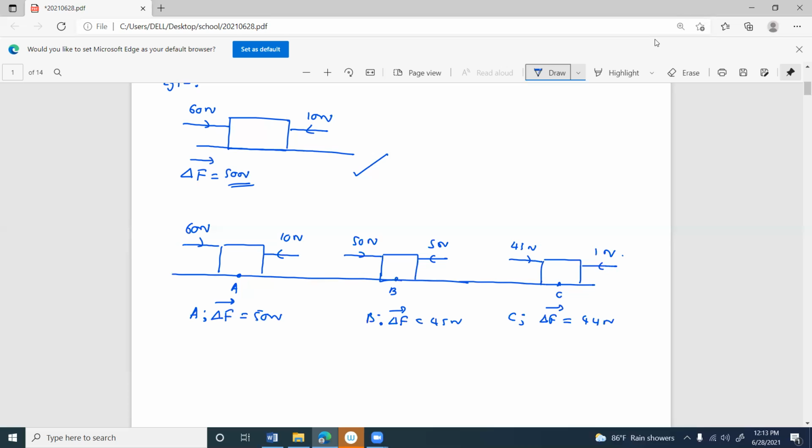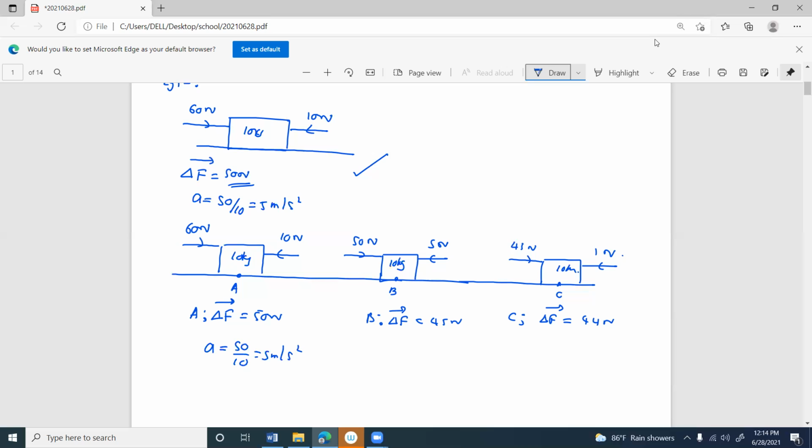Now you can see the resultant force is not zero. That is correct, the first condition is satisfied. But here you can see the resultant force varies. I'll take this mass as 10 kilograms. What is the acceleration at A? 50 divided by 10, that is 5 meters per square second.